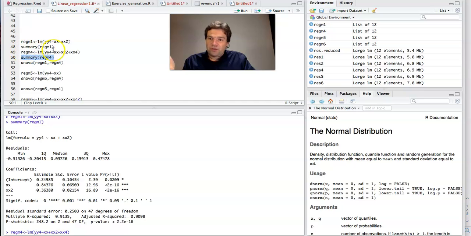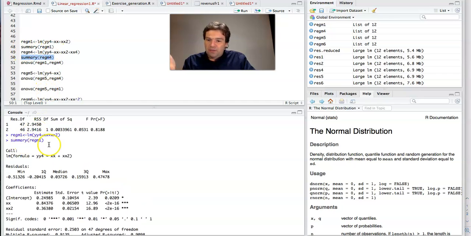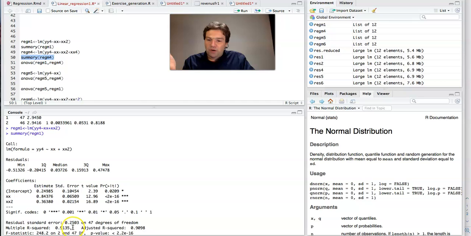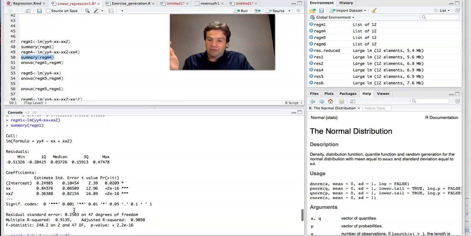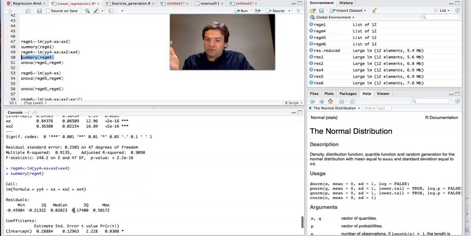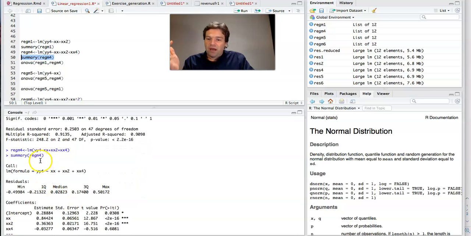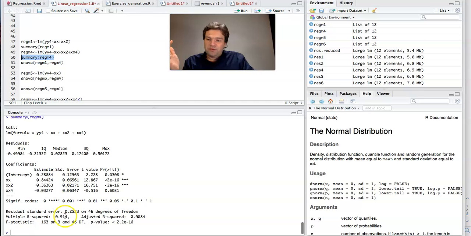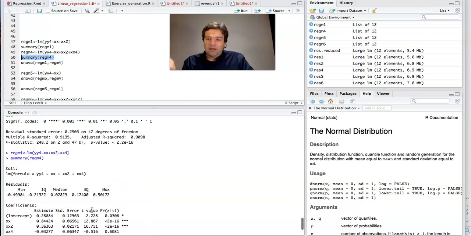The summary of regm1 is obtained here, and I have an R square of 91.35%. And if I go to the summary of the object regm4, what I observe is that I have 91.4%. 91.4% is larger than 91.35.